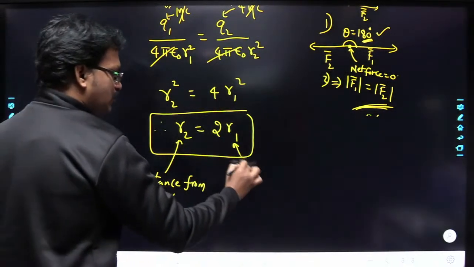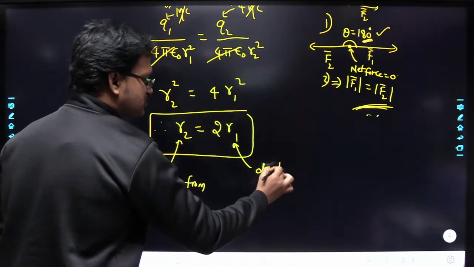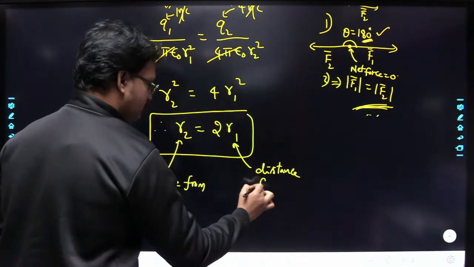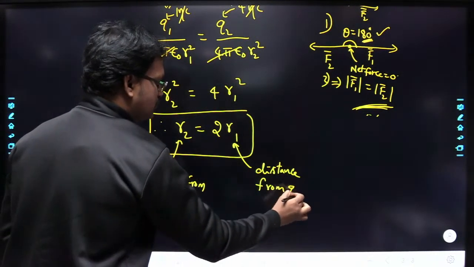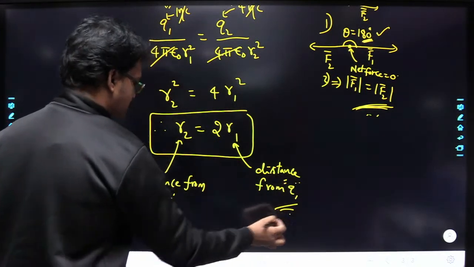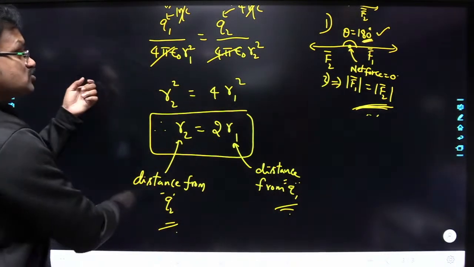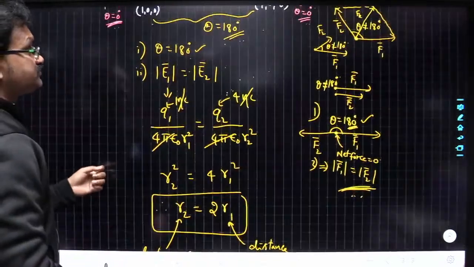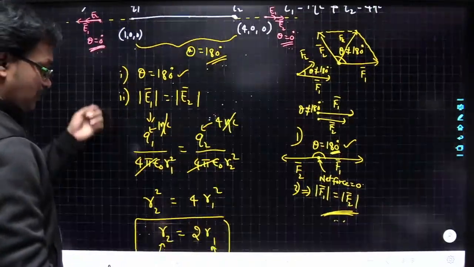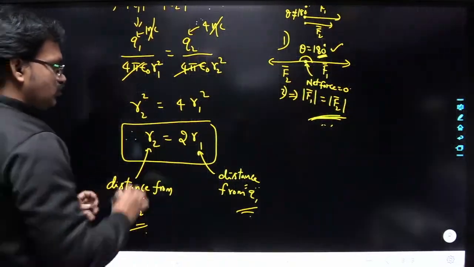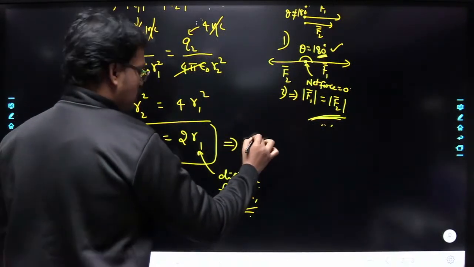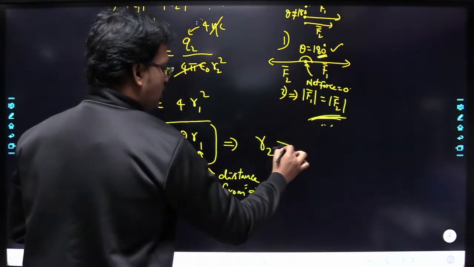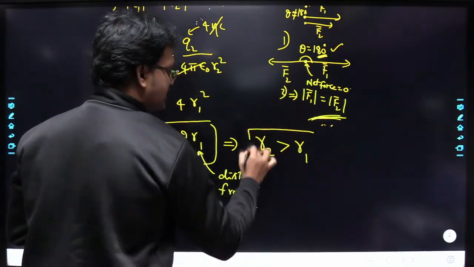So from here what can we conclude? R2 is equal to 2 R1, which means R2 is greater than R1.